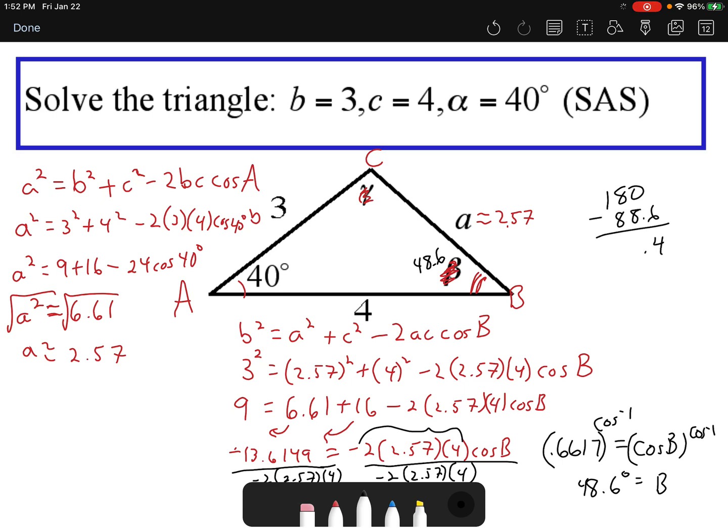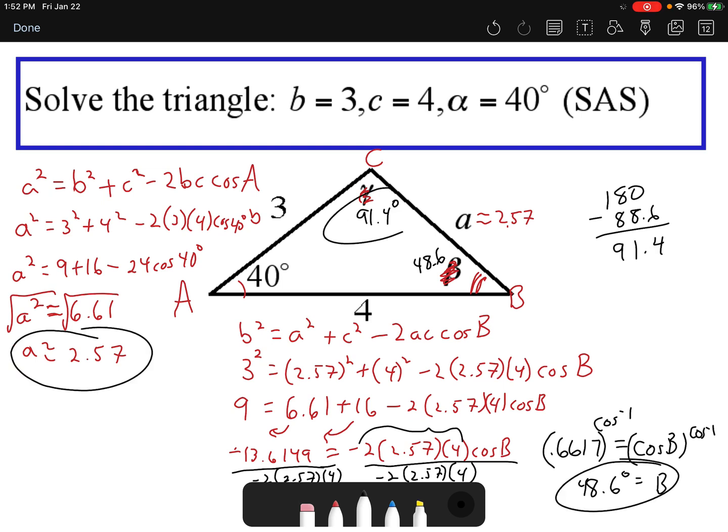So that's 91.4 degrees for angle C. So A was 2.57, B was about 48.6, and C is about 91.4. And that is how we solve a side angle side problem using the law of cosines.